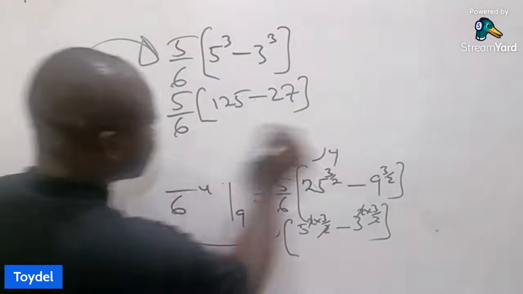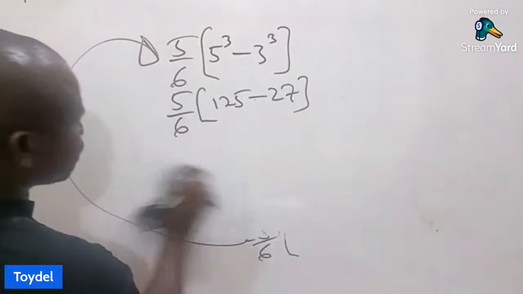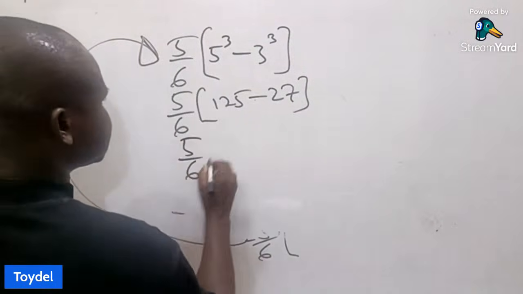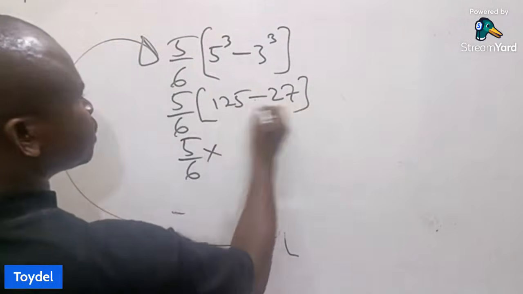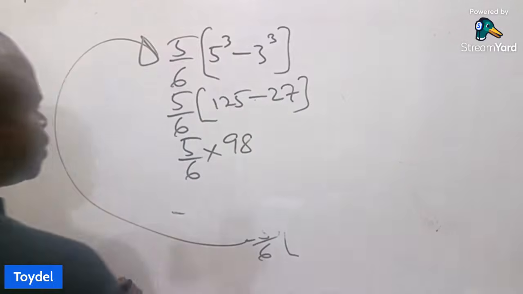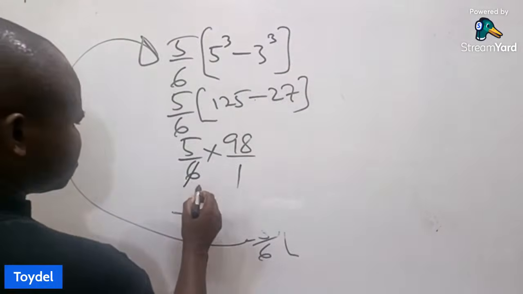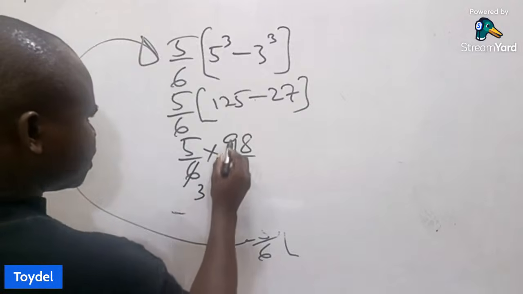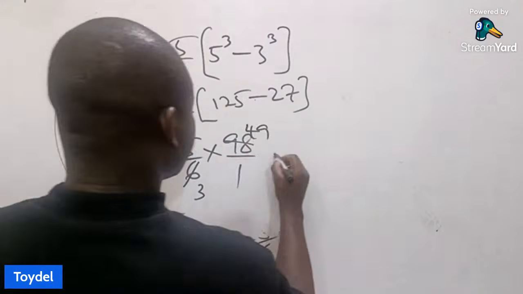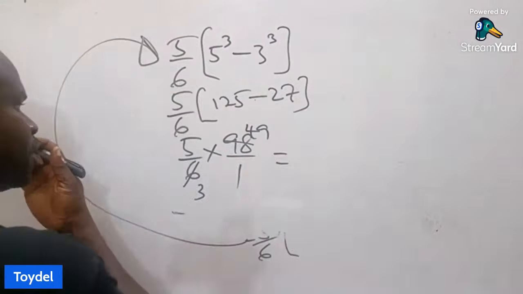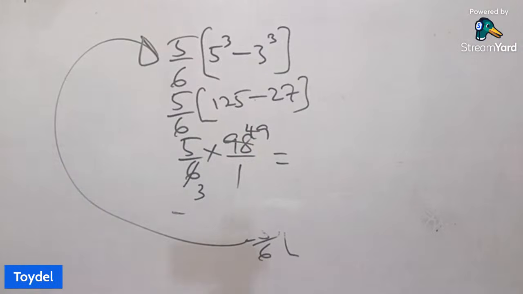So what is 125 minus 27? We have 5 over 6 multiplied by 98. Can 2 divide this? Yes. 2 here, 49. 49 times 5 will be 245.